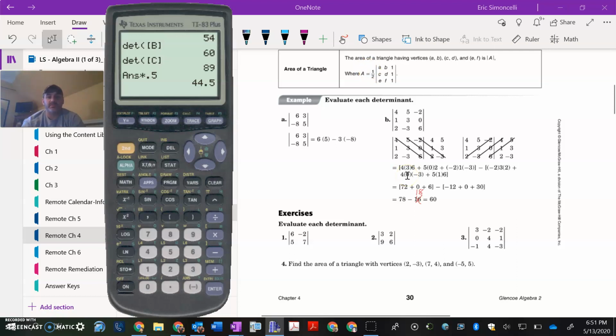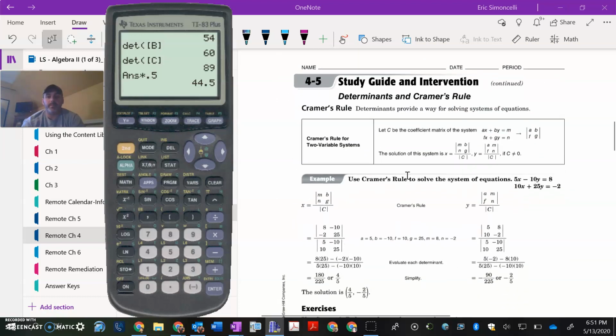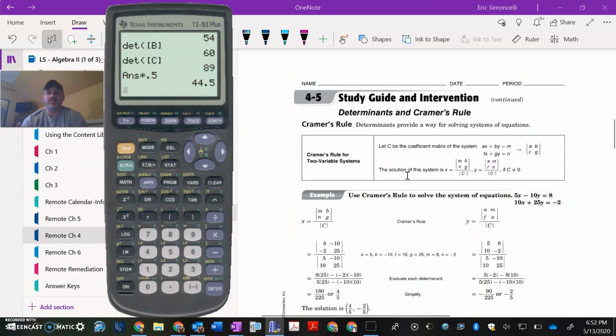All right, let's finish up on the back here, Cramer's rule. Now, I'm going to argue that Cramer's rule is one of the methods that you can use to solve systems of equations. So this is a system of equations. If you all recall from chapter 3, we spent quite a bit of time on that before remote learning.